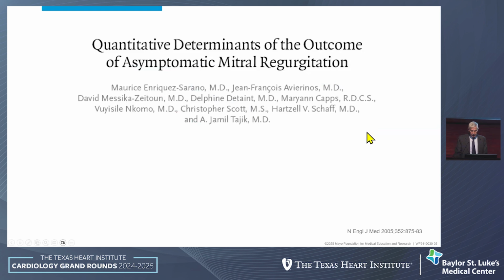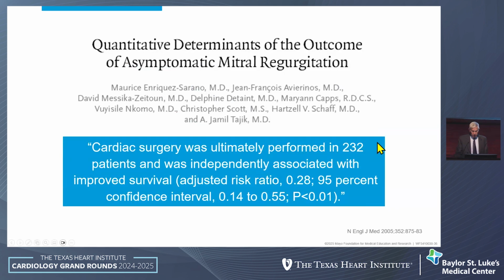Now, this paper in the New England Journal, the New England Journal is not very favorable towards surgeons. And what they didn't recognize was they published a paper that was very pro-surgical, because in this study, the survival of patients who ended up having an operation was excellent.